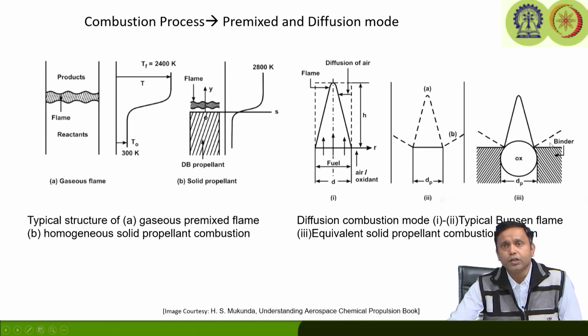Those fuel species and the oxidizer species coming from the oxidizers may diffuse into each other and provide the diffusion mode of combustion. We will see that in composite propellants, there are two different types of diffusion flames: the primary diffusion flame and the secondary or final diffusion flame, whereas the ammonium perchlorate oxidizer will have its AP premixed flame.